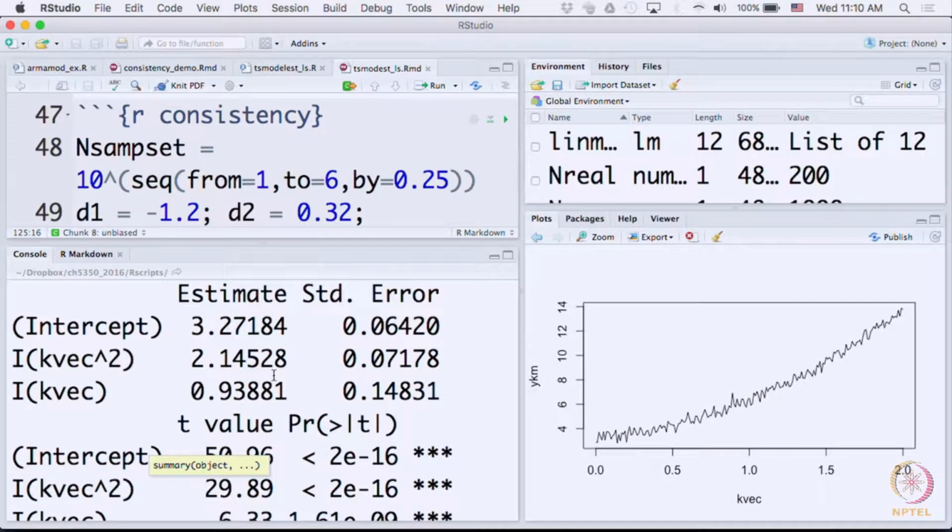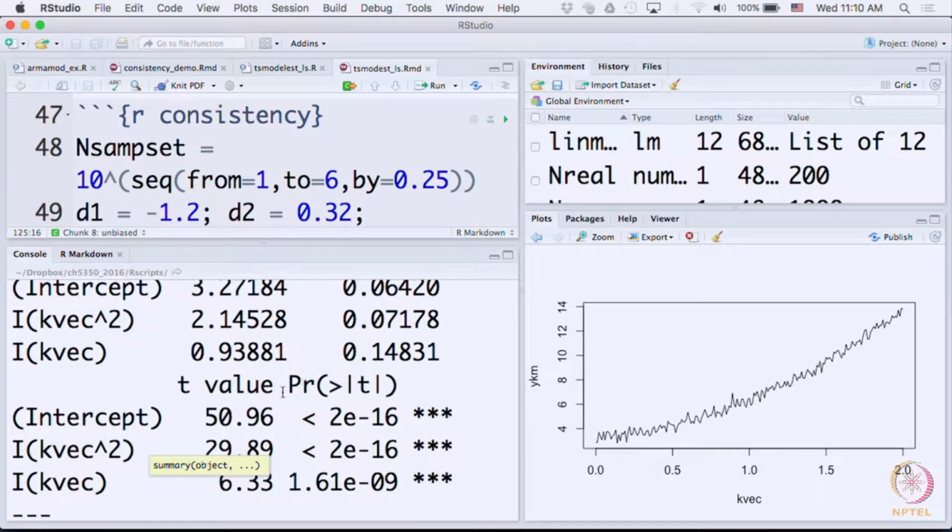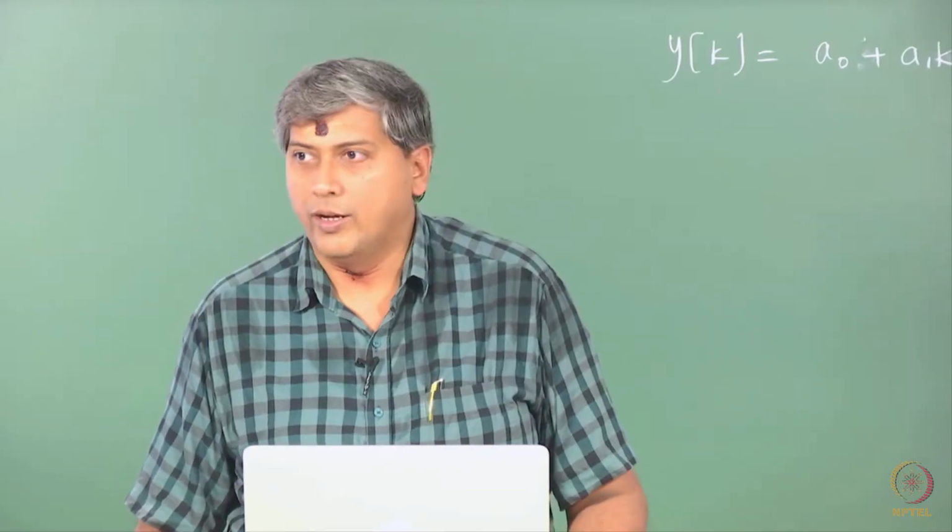So, first let us go through this quickly and then go back to the theoretical expression. We will also talk about bias a bit shortly. Here you have the estimates and the standard errors. Remember, as I said, in any model estimation exercise you have a hypothesis test underneath, and that hypothesis test is concerned with essentially the parameters being 0 valued or not.